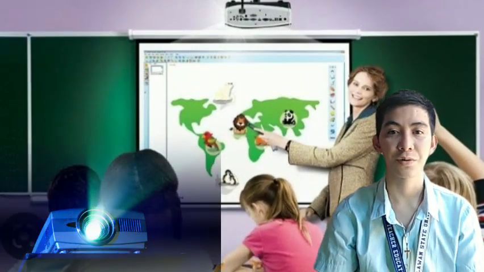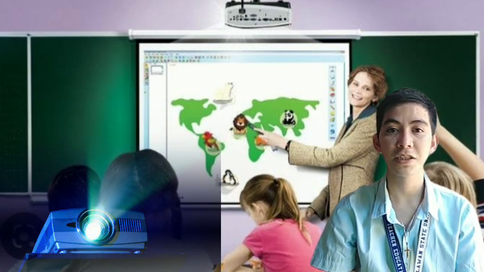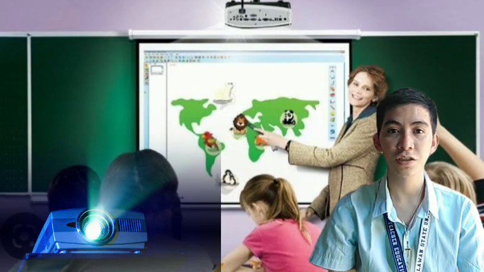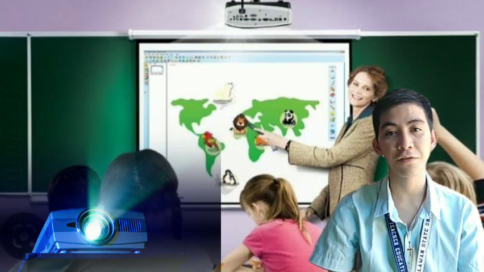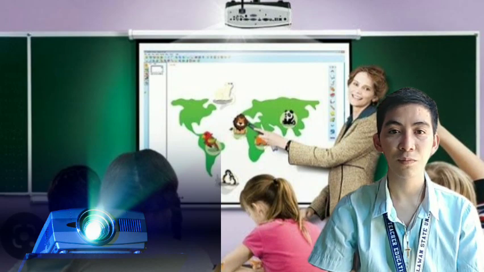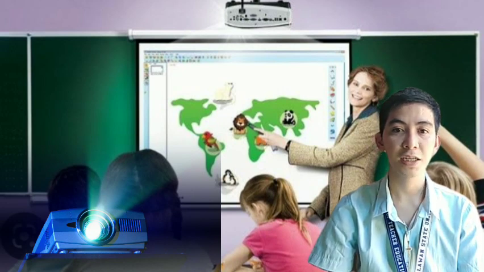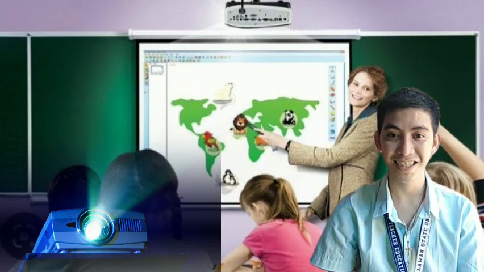Third is the projector. A projector is an optical device used to project images and videos on a projection screen or surfaces. This device is an important part of technology for schools. It is mostly complemented by the smartboard in the classroom. It makes note-making easier for students, as even the student in the last row can clearly see the content.